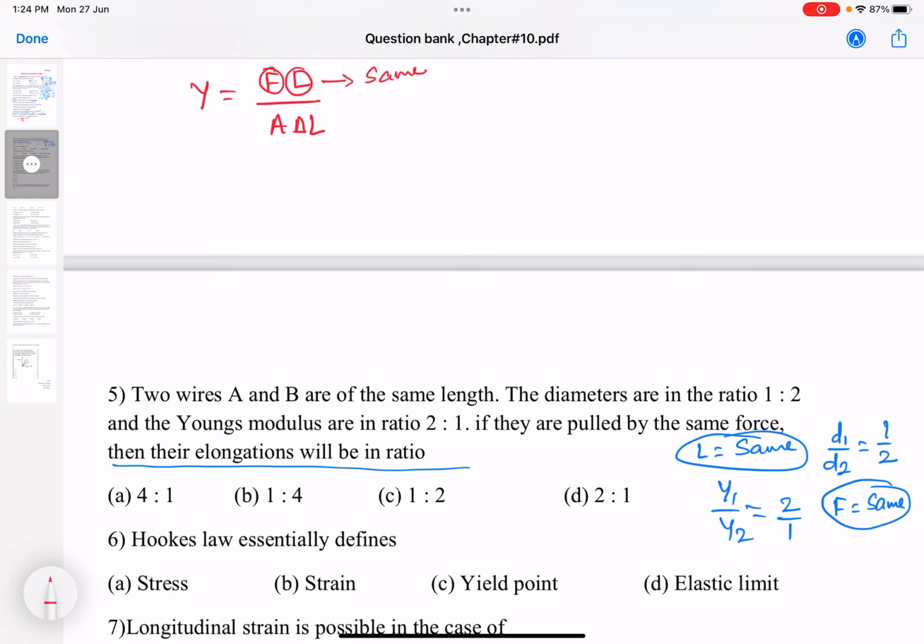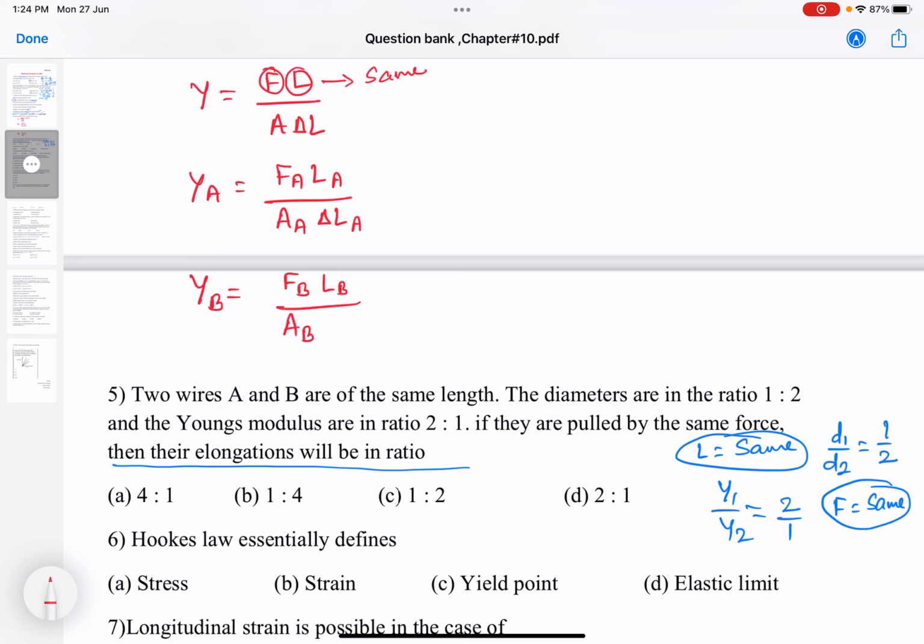Or shall I write the full solution for this one. Young's modulus of wire A is equal to force on wire A into length of wire A divided by area of wire A into delta L of wire A. Similarly I am writing YB equal to force on wire B, length of wire B divided by area of wire B into change in length of wire B. I have written the formula for Young's modulus of A and Young's modulus of B. Divide Young's modulus of A with B. He has said that length is same, force is same.